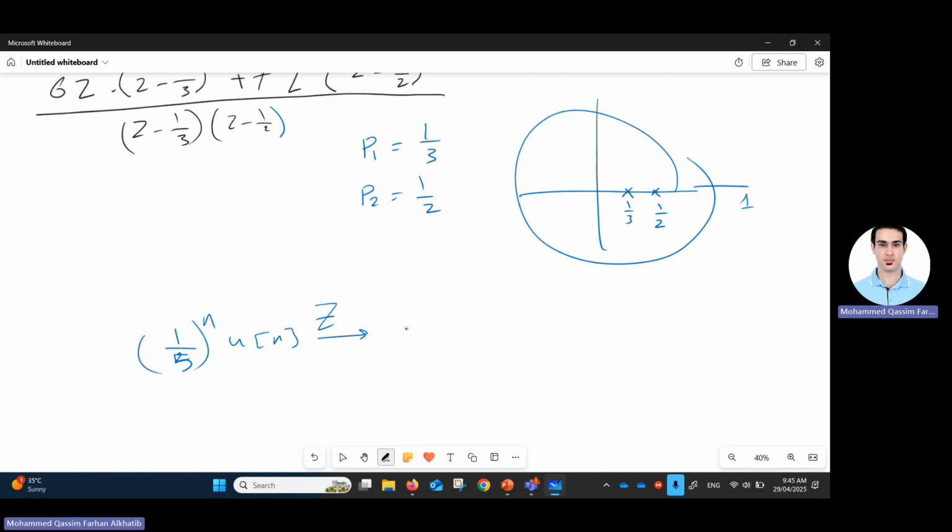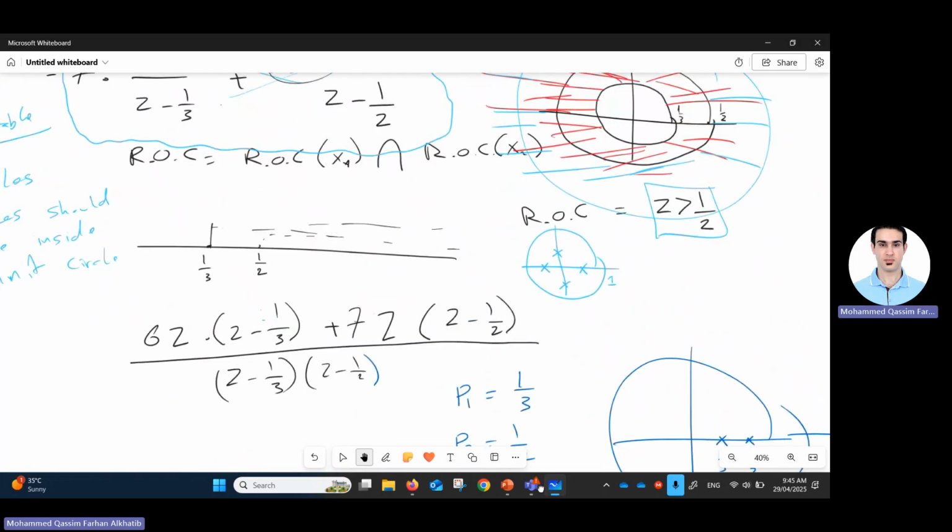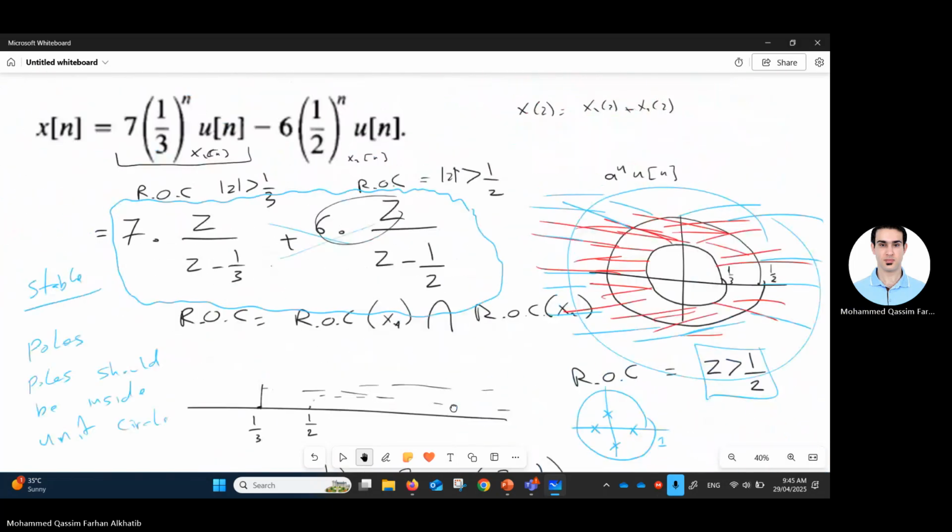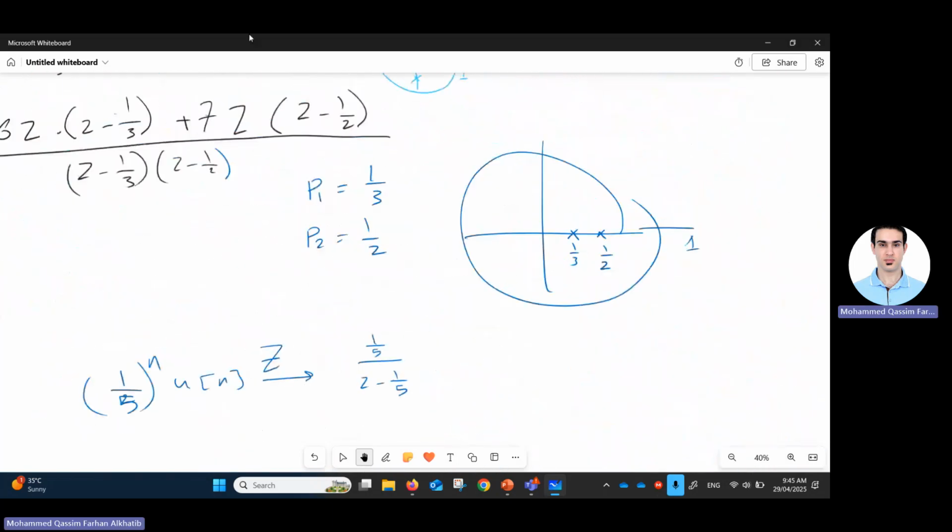So the Z transform for this will be 1 over 5 over z minus 1 over 5. Well, 1 is going to be z over z, so this one is z over z minus 1 over 5.